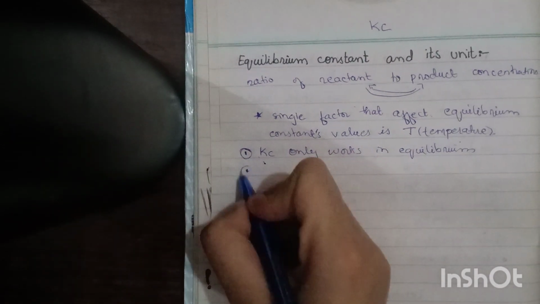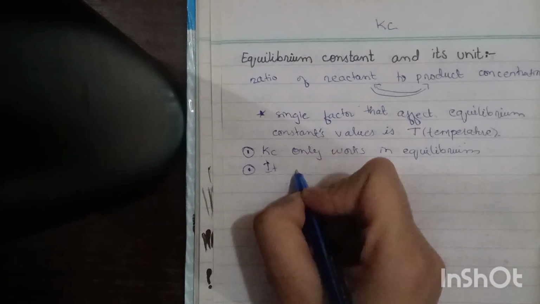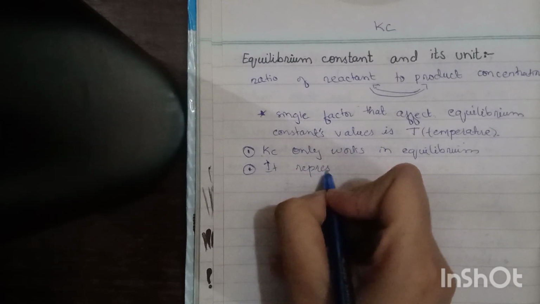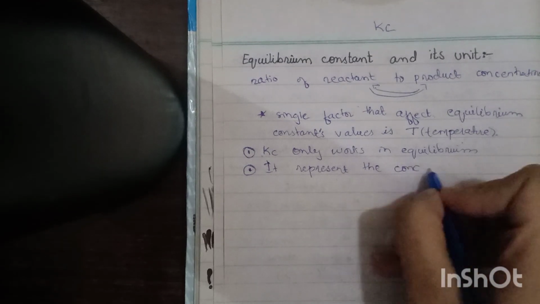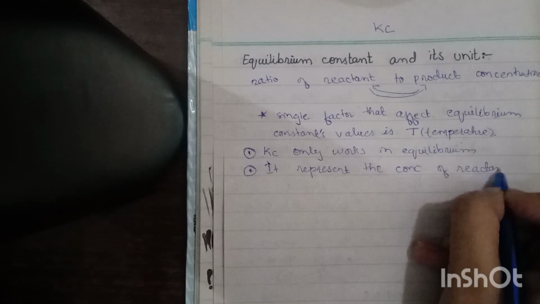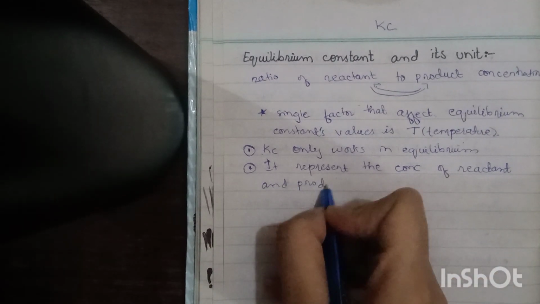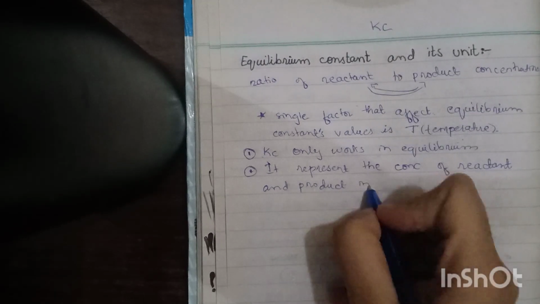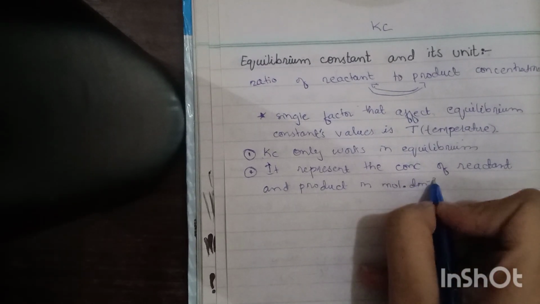Second point is, it represents the concentration of reactant and product in mole per dm cube.